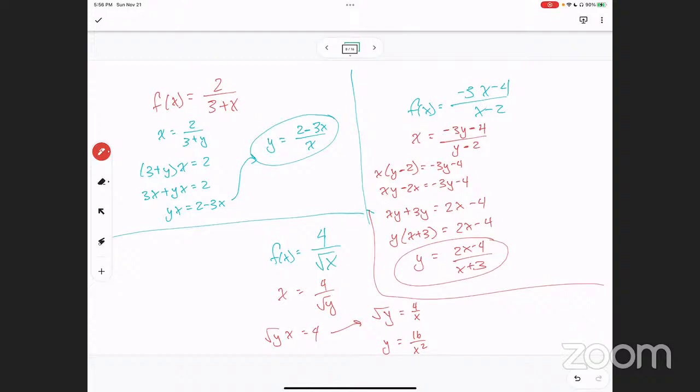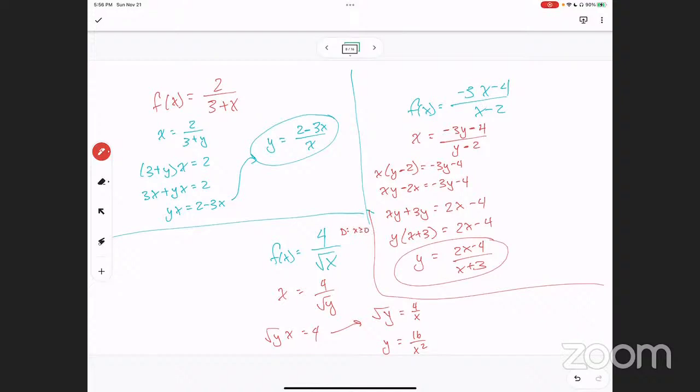So you have to write that the... let me think, how do you write this? The domain of the original function was x had to be greater than or equal to 0.